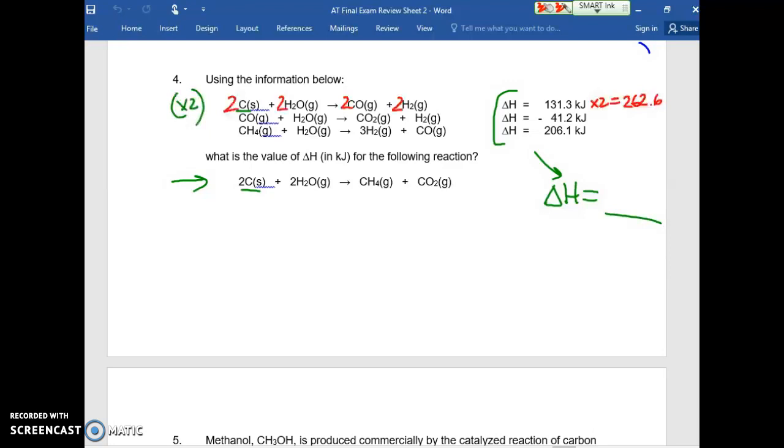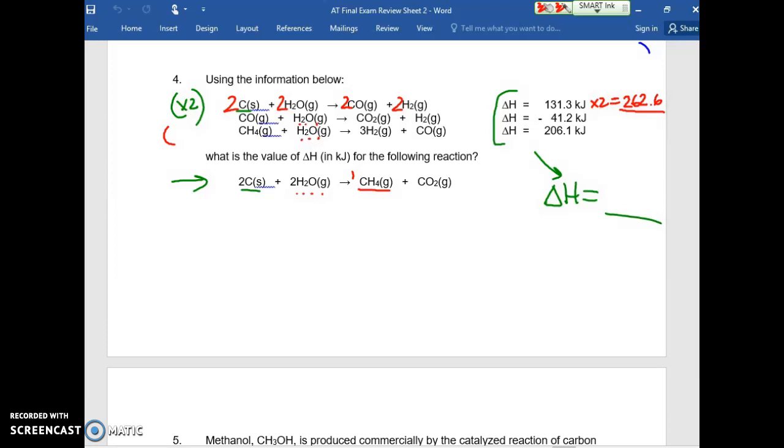So when distributed, notice I have 2's everywhere, and I now have for this one 262.6. The next one I look at, don't look at water because I have water everywhere. You can get confused. Let water take care of itself. CH4, I need one CH4 on the product side, I have one CH4 on the reactant side.